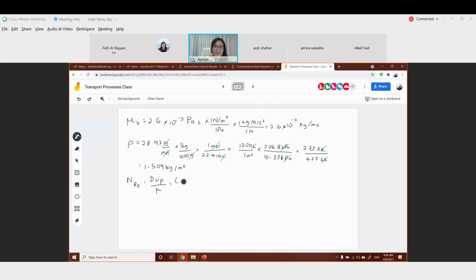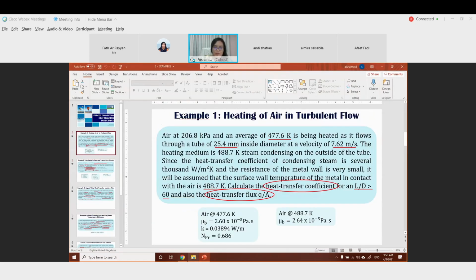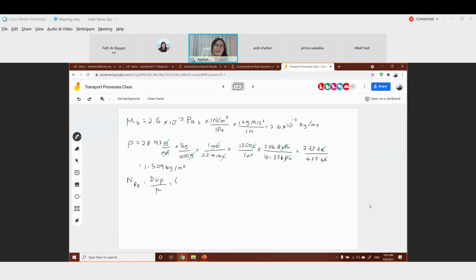Even though in the question I've written the title heating of air in turbulent flow, so you already know that it's turbulent, usually in the test or exam they will not tell you whether it's laminar or turbulent. So you need to calculate the Reynolds number to find out. That's what we are going to do now.